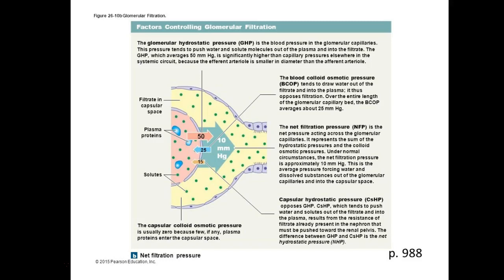So as the blood is coming in, this is arterial blood. Arterial blood, we know by definition, even if you get into these capillary beds, is going to be under pressure. So it comes in and it is pushing out at about 50 millimeters of mercury. And eventually you have pressure of the filtrate that's in the space.